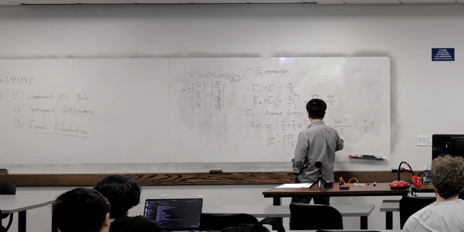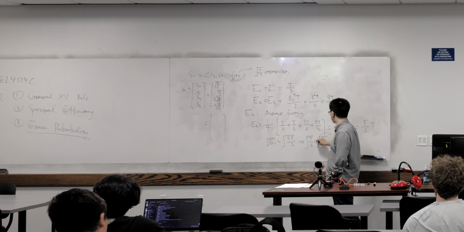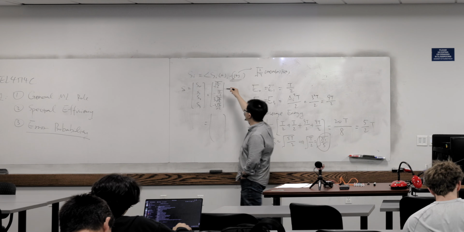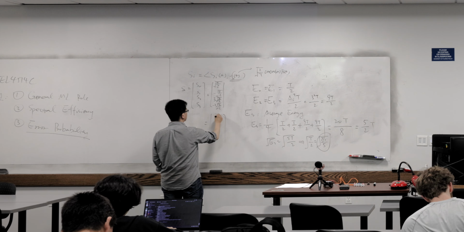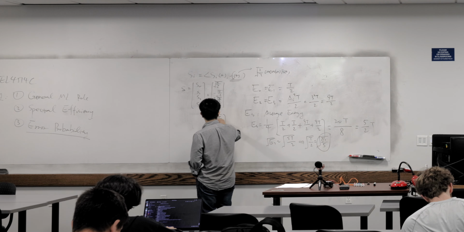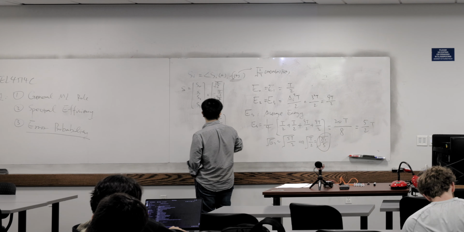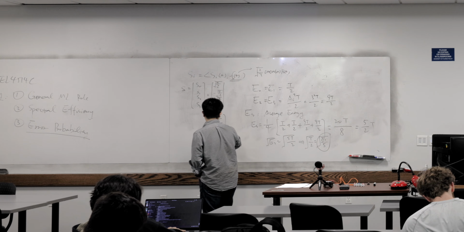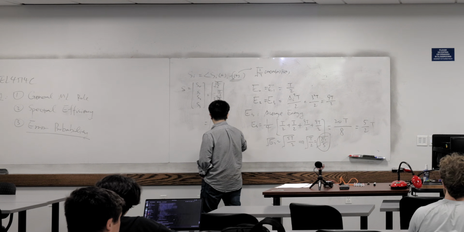Square root of ES over 5, right? And then we're going to use this to replace the square root of T over 2 here, and let's see what we get. So the first one is square root of ES over 5, and the second one is minus of it. The third one is 3 times square root of ES over 5, and the last one is minus 3 times this.